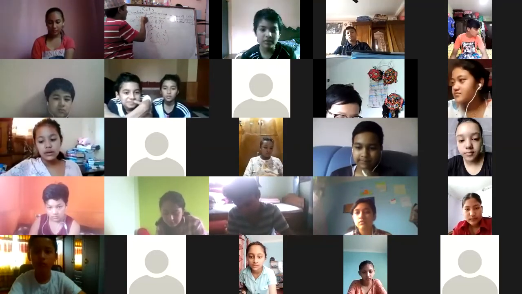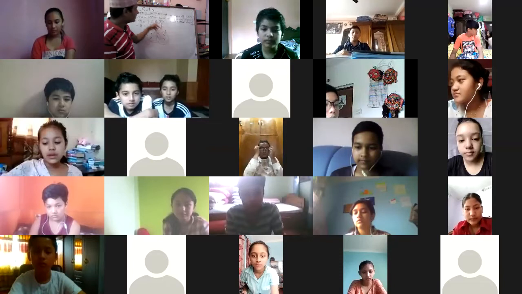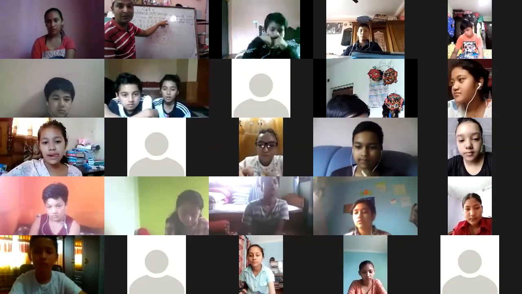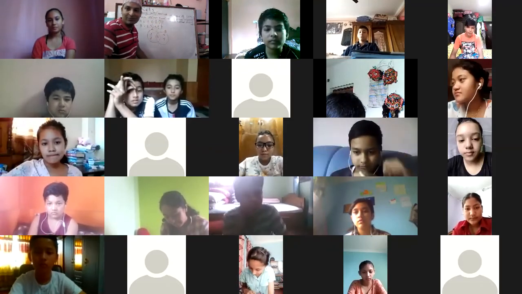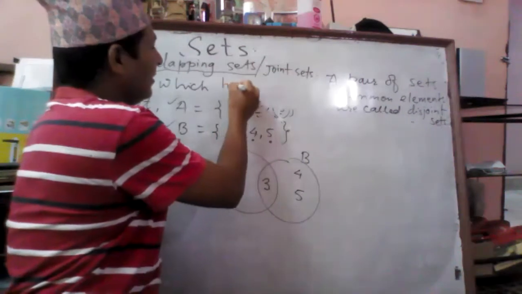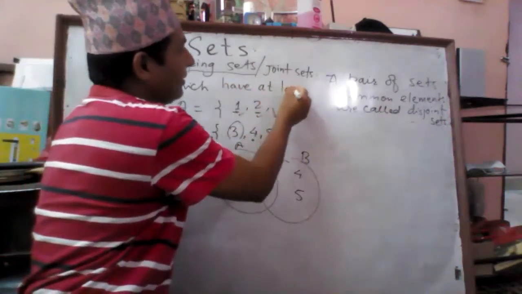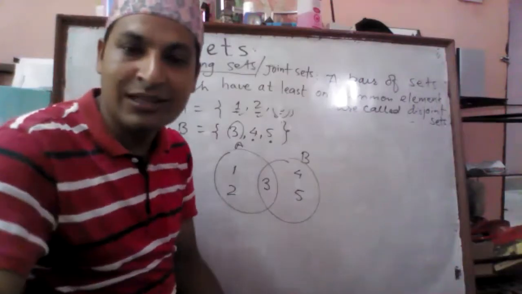Previously we wrote that sets which do not have any common element are disjoint, but now a pair of sets which have at least one common element are called overlapping sets. Very good.